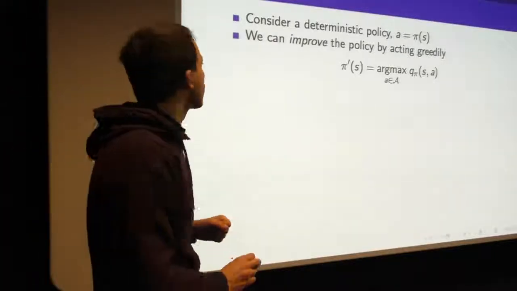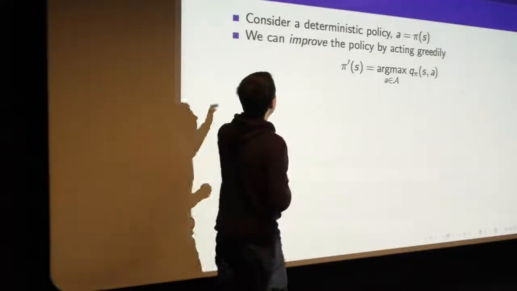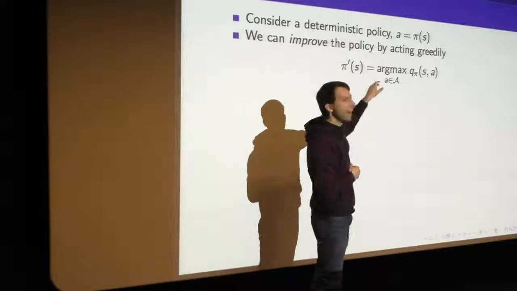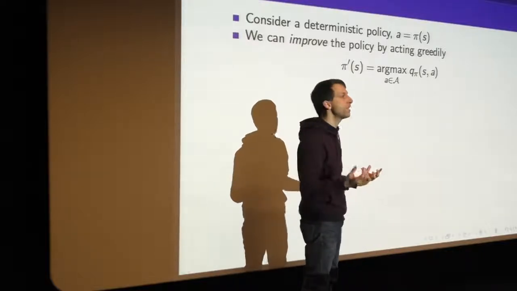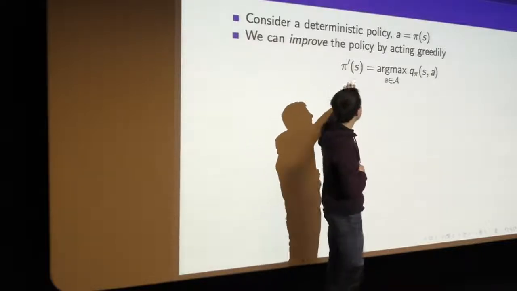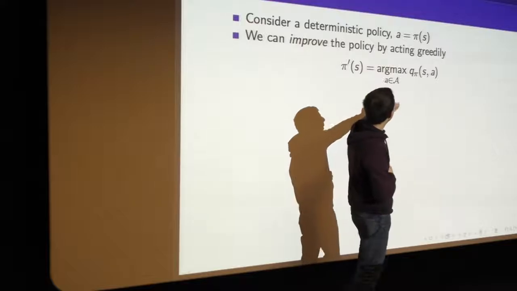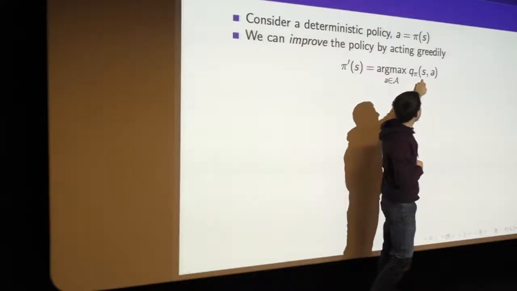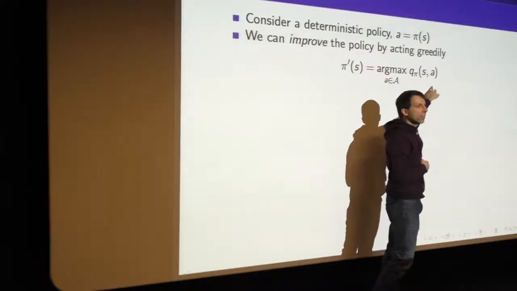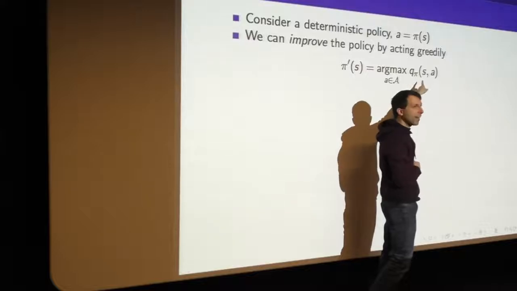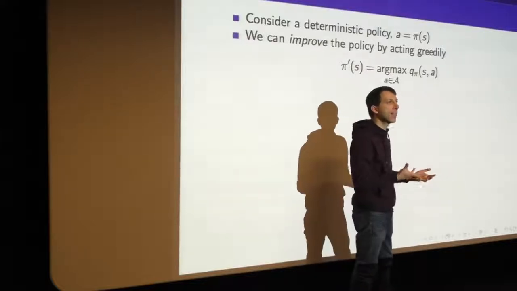And so how do we come up with our new policy? The way we come up with a new policy is by acting greedily. Now let's define what that means. Acting greedily means that we look at the value of being in a state and taking a particular action, and then following your policy after that. That's precisely the action value.